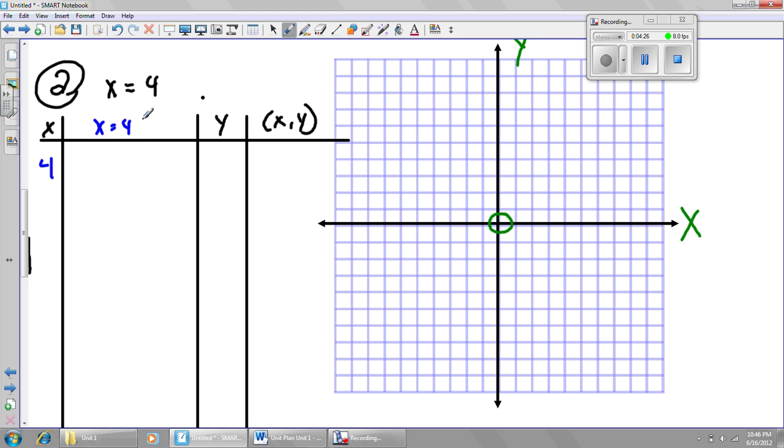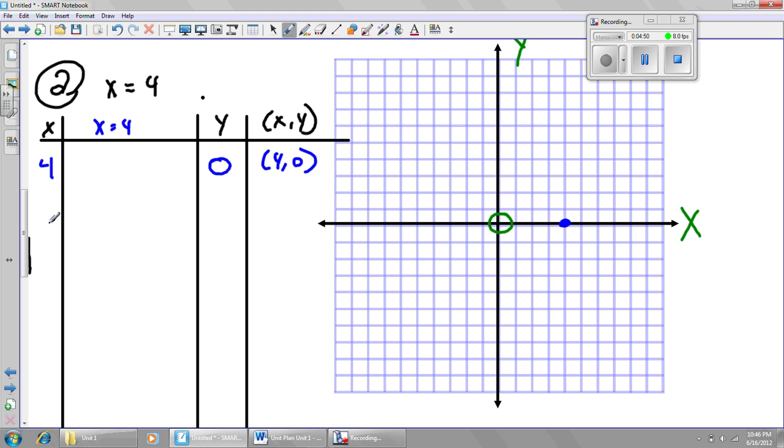Okay? That doesn't mean there isn't a y value. Y can be any number that I want. I'll make it 0. So the point (4, 0) is on the graph. 1, 2, 3, 4, 0. Okay. Now I need another point. What does x have to be?